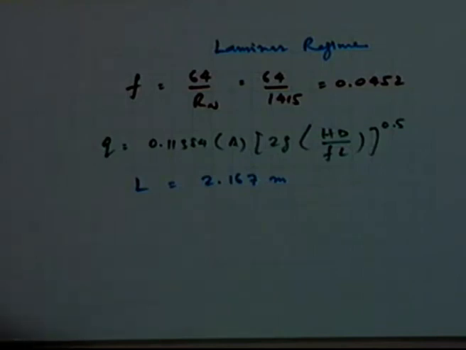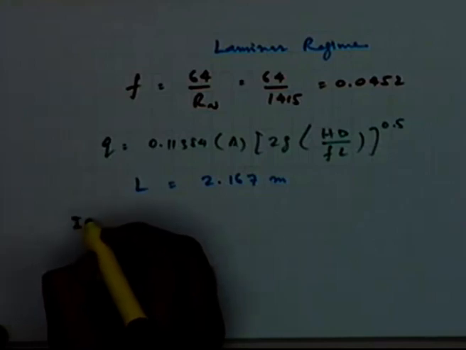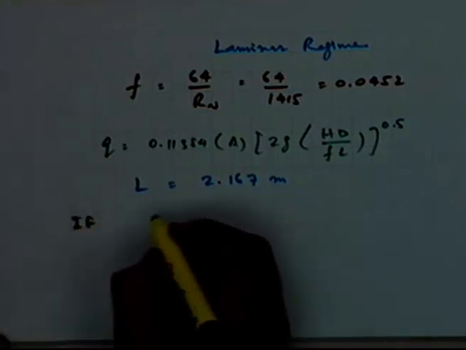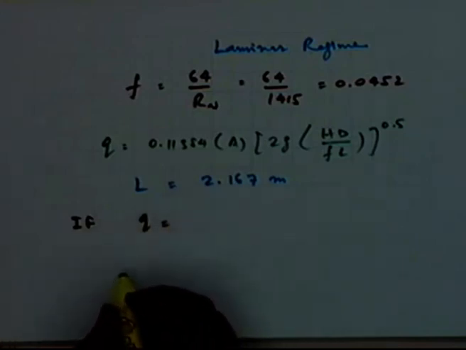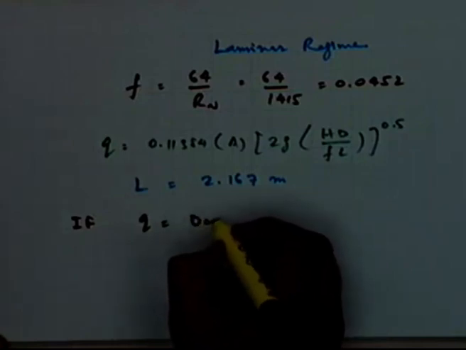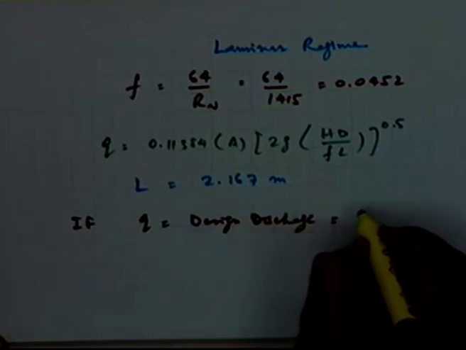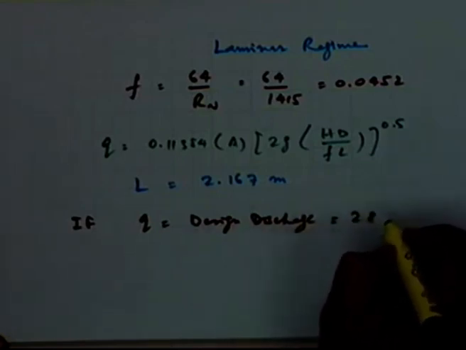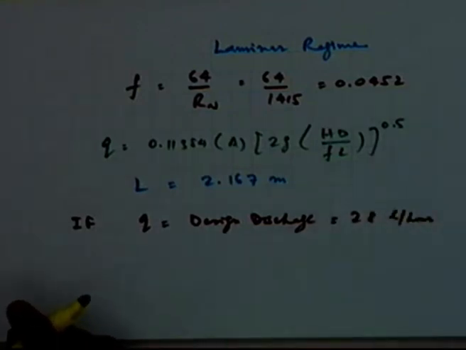Now, if we change one parameter, if we say that the required design discharge is not 4 liters per hour, but is 28 liters per hour.